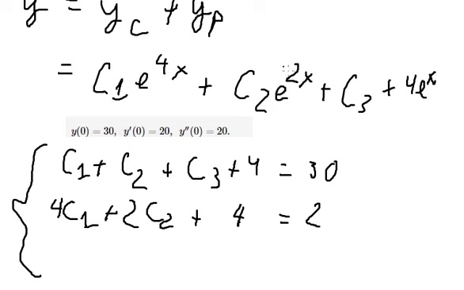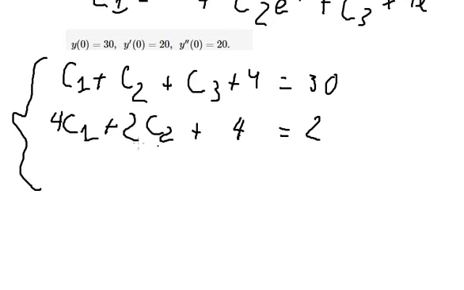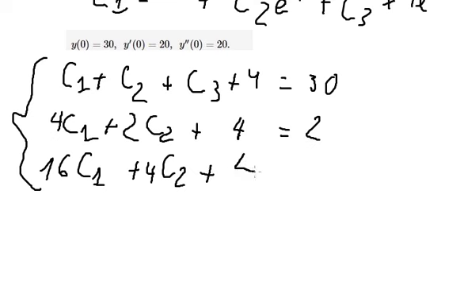This one you get 1, this one 1, this one 1. Now if we do the second derivative, we have 16c1 plus 4c2, and we have 4 in here, equal to 20.